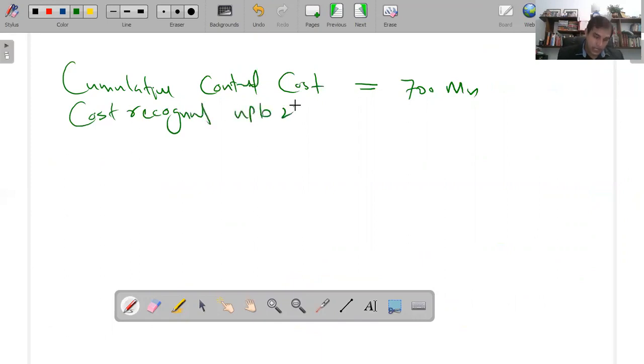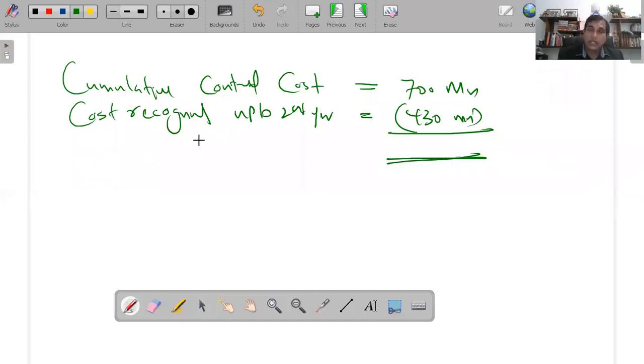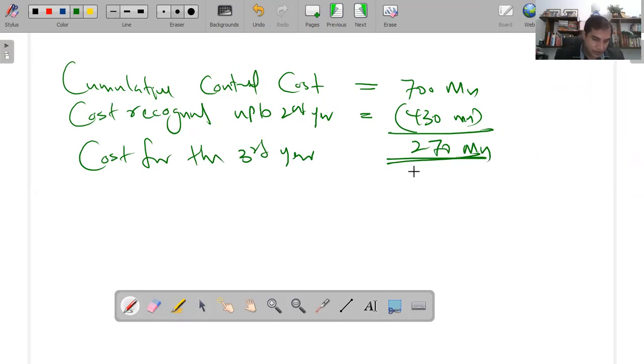So you can take the balance. That is the cost that incurred for the third year. Cost for the third year, 270 million. So please write down these answers.